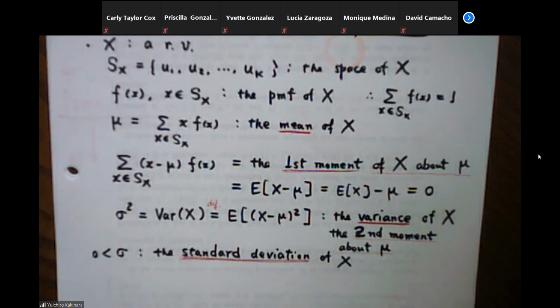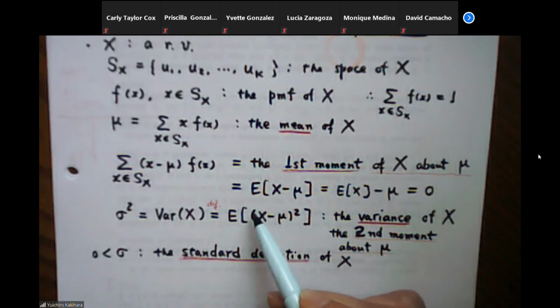What we are doing is this: mu is the average value, and this quantity shows how far the value of x is from the mean mu. To get a meaningful value, we need a positive number. An easy way is just to square.